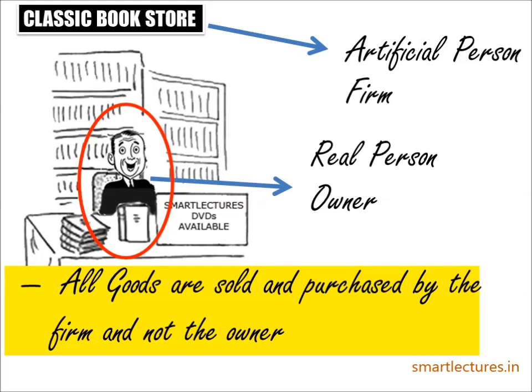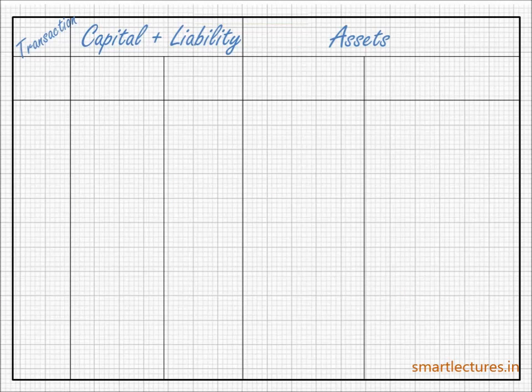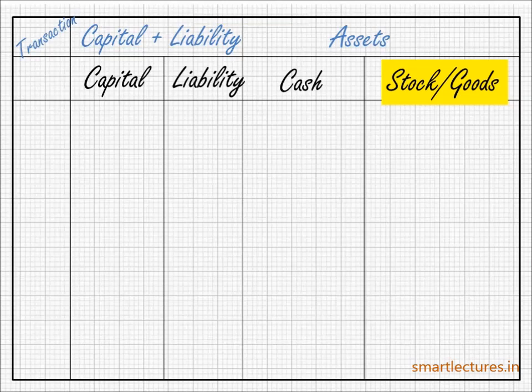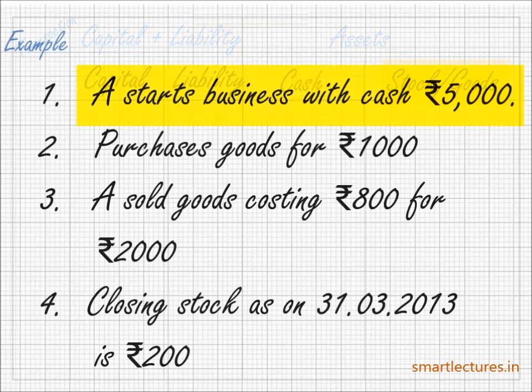So let's complete this question. First of all, draw the format of the accounting equation. On the left hand side, capital, second column is liabilities, and on the right hand side, first column is cash and the second column is stock. So A starts business with cash.